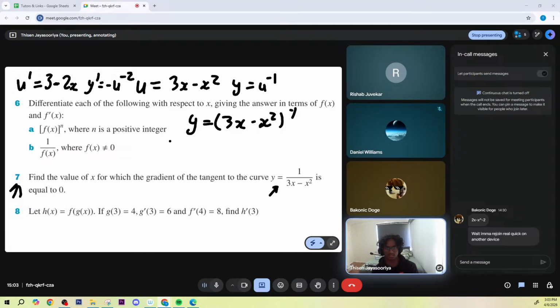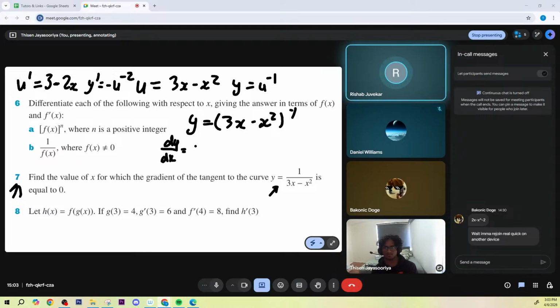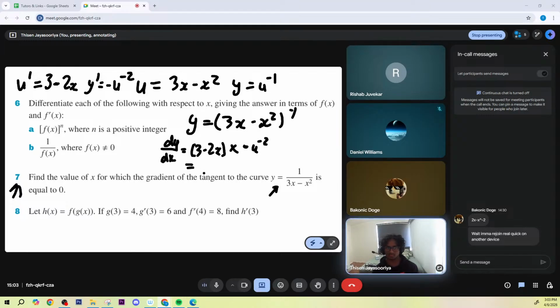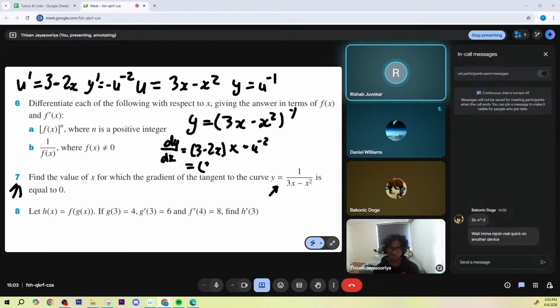So that means here, what does dy on dx equal? 3 minus 2x times negative u to the power of -2. Which means overall, what do we get? 3 minus 2x times negative 3x minus x squared to the power of -2.